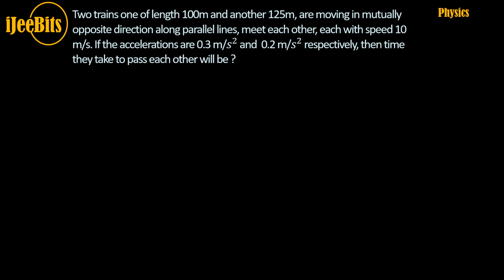So as per relative motion, if both are in opposite directions, what do we have to do? We have to add them. Let's say the relative velocity of one with respect to the other. What would be the relative velocity? So let's see.